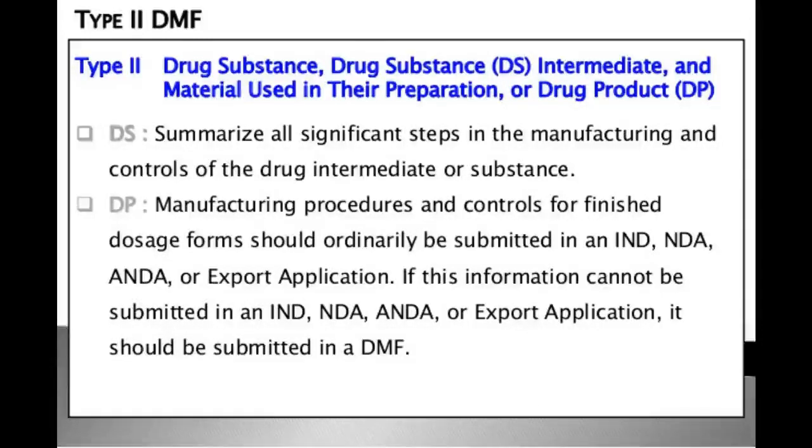So what is a Type 2? It's a drug substance, that is an active pharmaceutical ingredient, substance intermediates and material used in their preparation, or a drug product. A Type 2 DMF, the most common form, can also cover dosage form, or a drug manufactured under contract for another company which will file an ANDA.